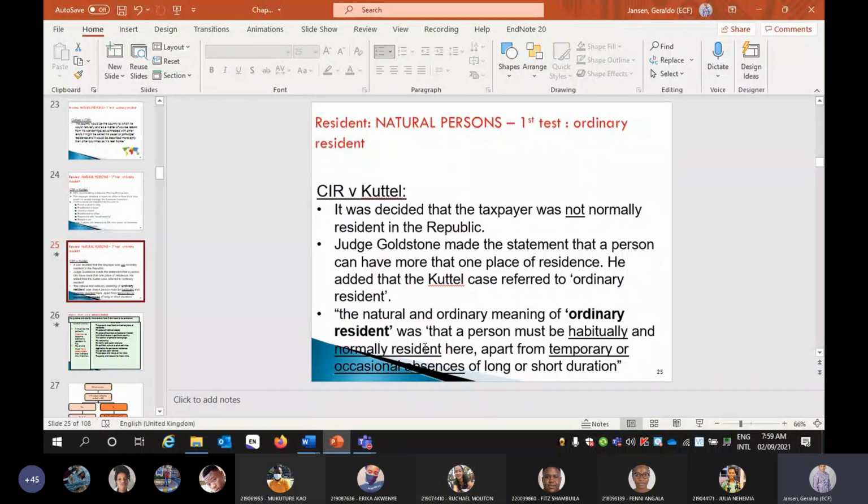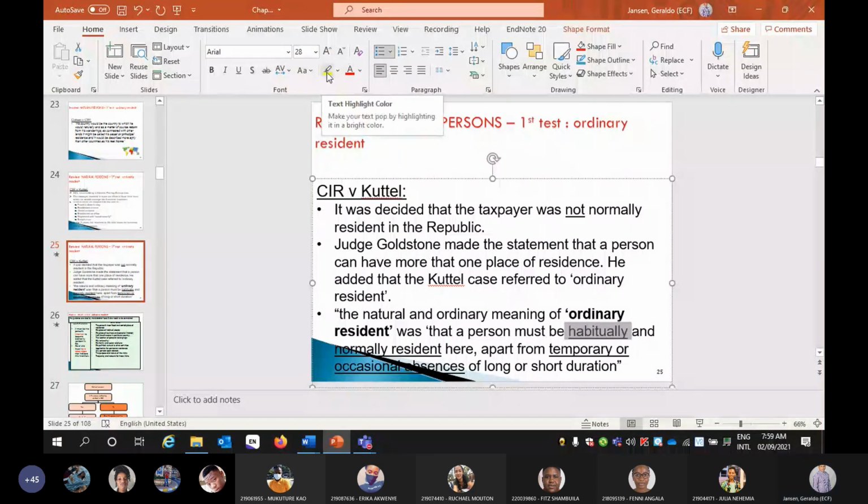Now, guys, this word is so important, habitually, habit. Where do you sleep, eat, and rest your head at night? What do you consider your habit to be? Basically where you actually sleep and do things on a continuous basis.